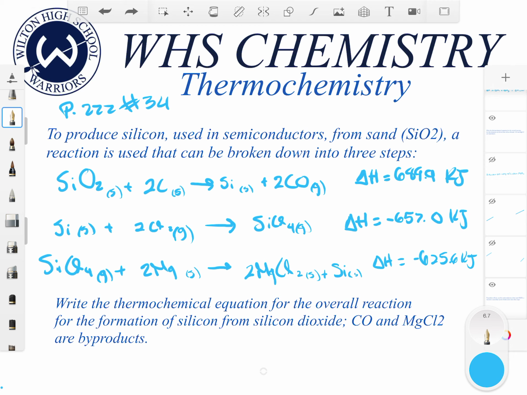The way you can cancel steps is you have to look for excess or extra compounds or elements that appear on opposite sides of reactions that are also not necessary for the final equation.